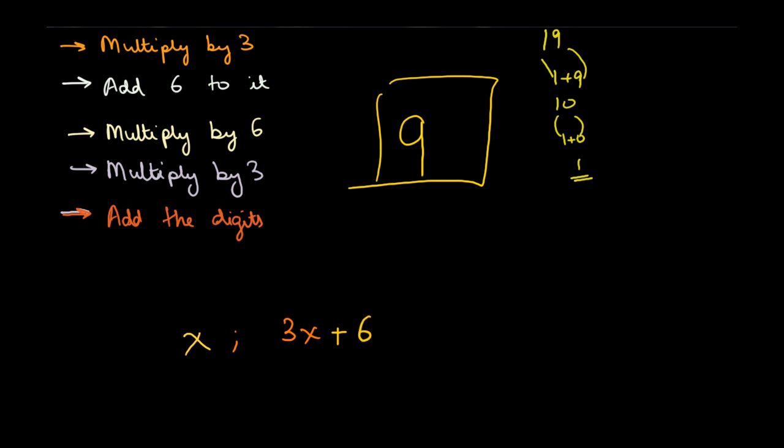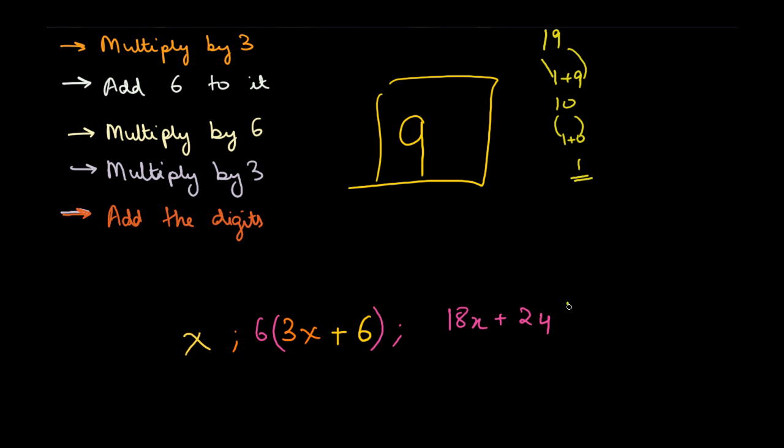My next step was, I told you to multiply it by 6. So the number will become 18x plus 24. If you're confused what I did, I just multiplied it by 6, and the number becomes 18x plus 24.